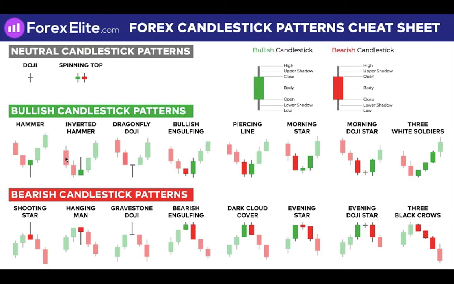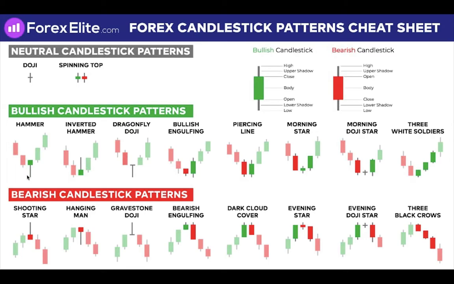So when you see your candlesticks aligned in such a way, like this, it is called the hammer. The hammer has a very short body and a long wick.